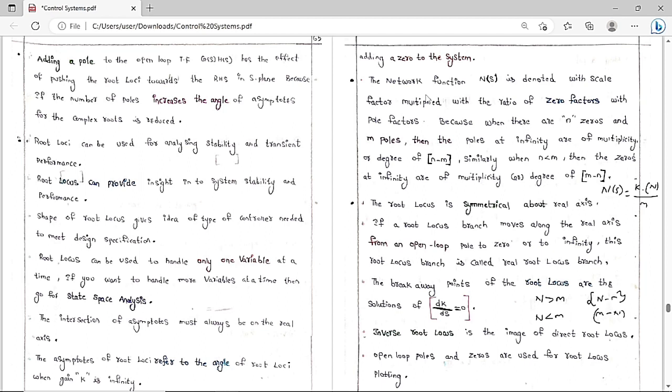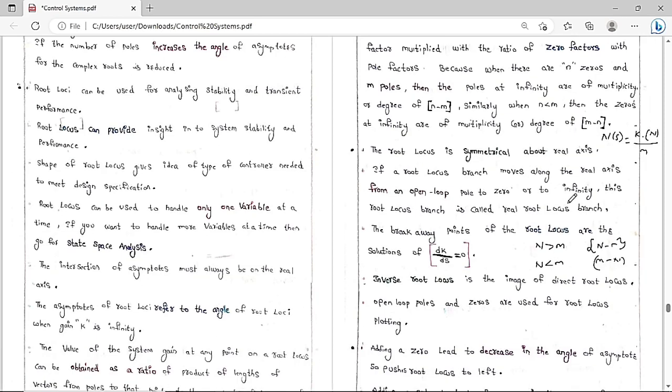Simply, if the number of zeros is bigger than the number of poles, then the number of poles at infinity is n minus m. If the number of zeros is lesser than the number of poles, then the number of zeros at infinity is m minus n, because the number of poles is always equal to the number of zeros. Some may be at finite locations, some at infinity.